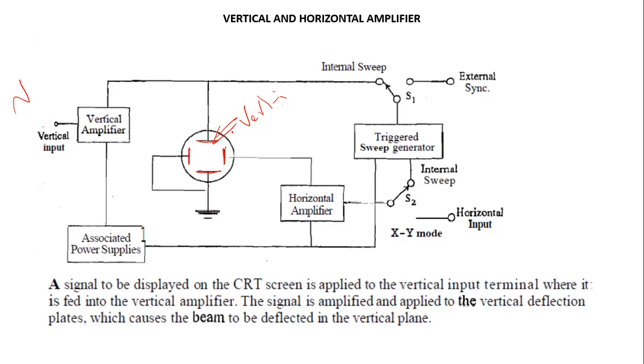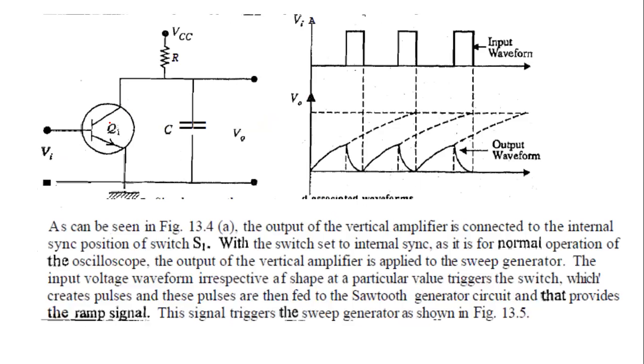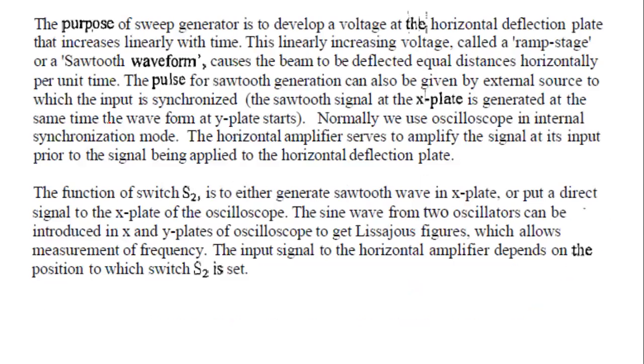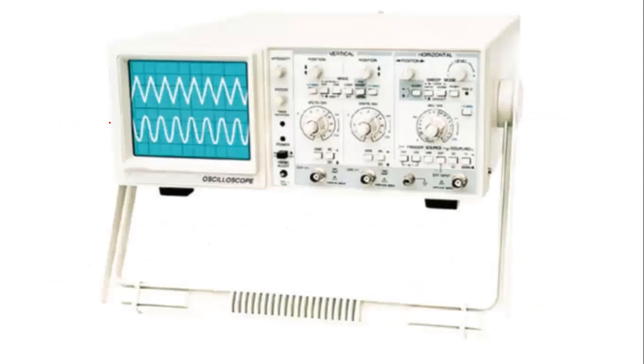This vertical amplifier in the CRO, you can even control it. I just forgot the term. Anyway, I will show you the CRO. Here, the vertical amplifier, you can control it using this.